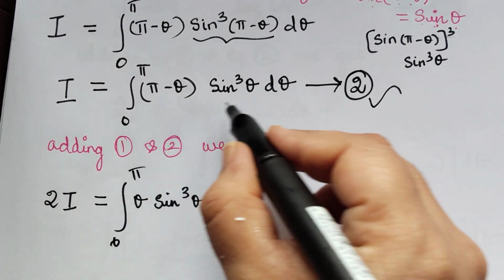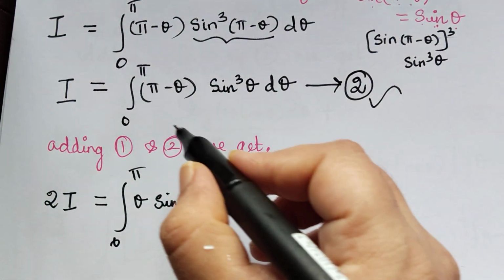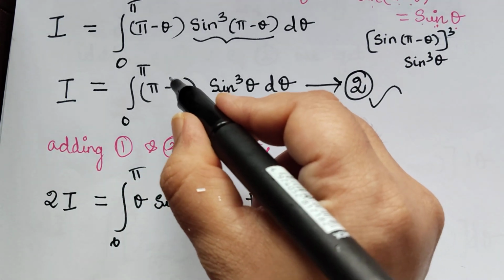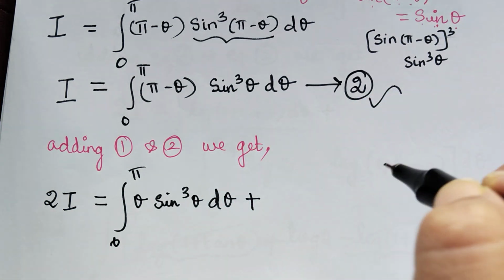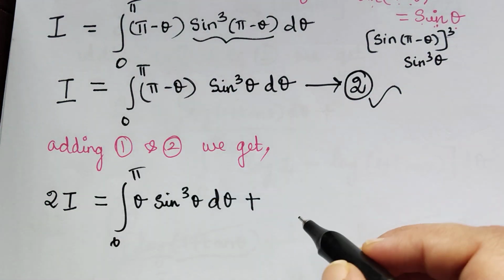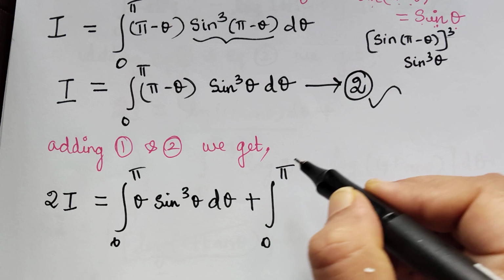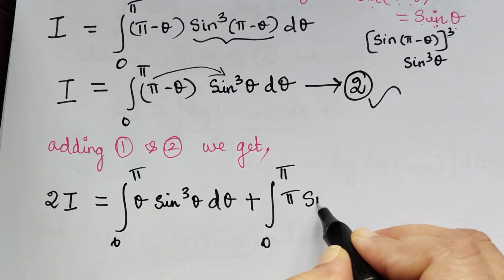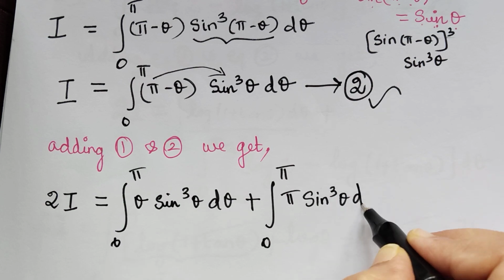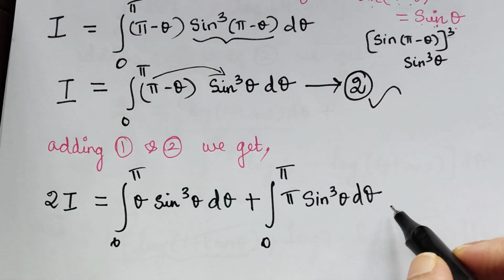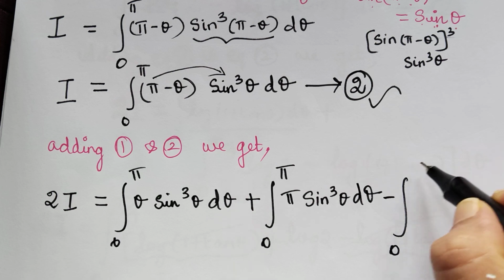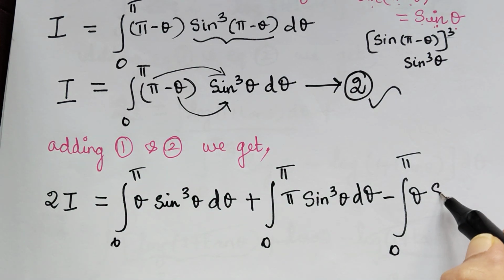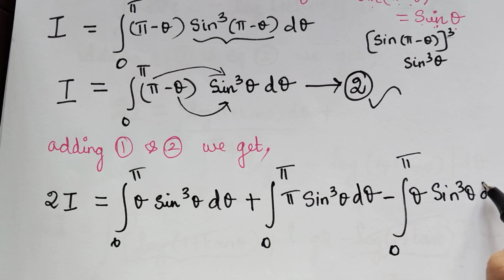So what is the right hand side? This integral we can split up and write with pi multiplied with sine cube theta as one integral, and theta multiplied with sine cube theta as another integral, that is plus integral 0 to pi. The first integral will be pi sine cube theta d theta, and then we have this minus, so minus integral 0 to pi theta sine cube theta d theta.